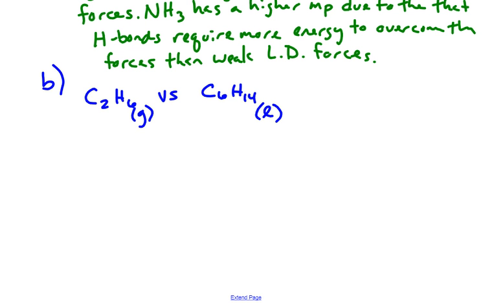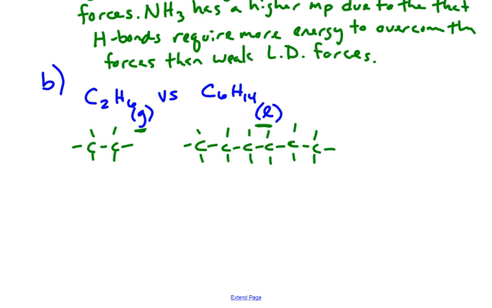So what you need to look for on this one is the fact that the difference is the gas and the liquid. This is the difference. So if you recognize this, and the drawings aren't good enough to help explain, this is more for you, is that these are both LDs.